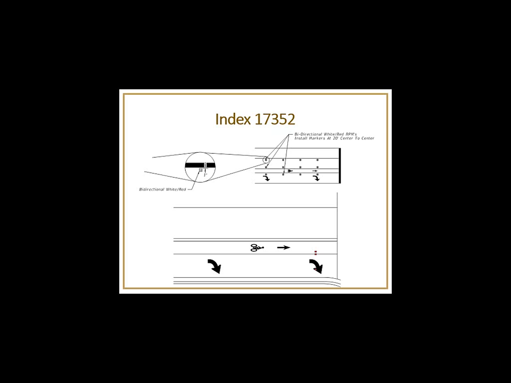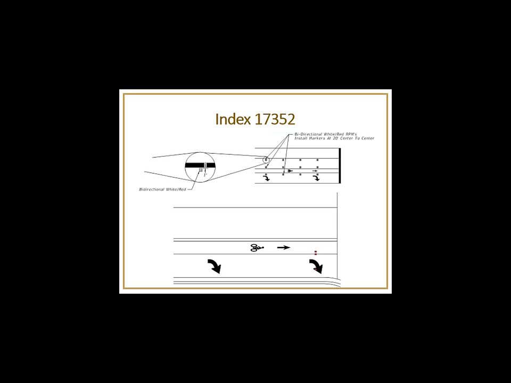One of them will be in the outside through lane. One of the RPMs will be in between the two buffered bike lane markings, and the one on the far side will be to the right of the right turn lane. I apologize for that.